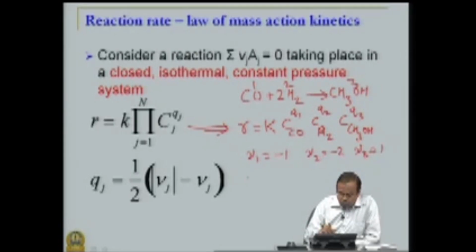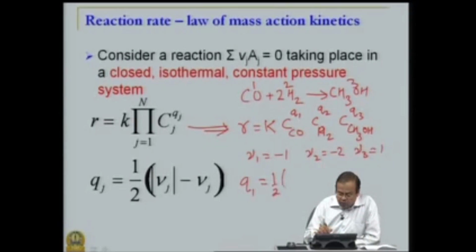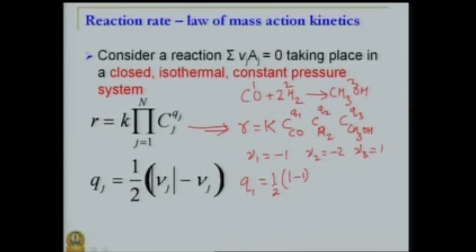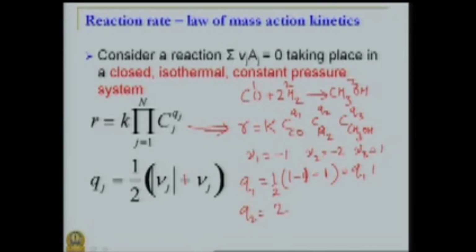So, if Q1 according to this formulation is half of mod of minus 1 minus 1, there is a mistake, this should have been plus, yes. So, that would give us Q1 is 1, then a similar calculation would give Q2 is 2 and Q3 is 0.